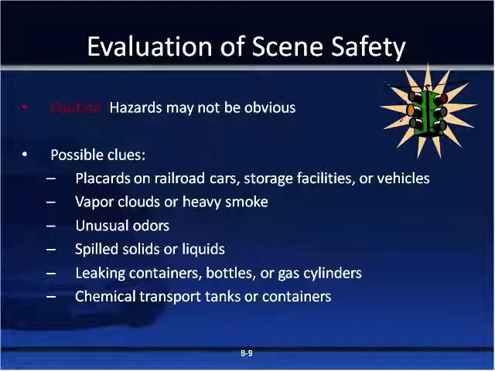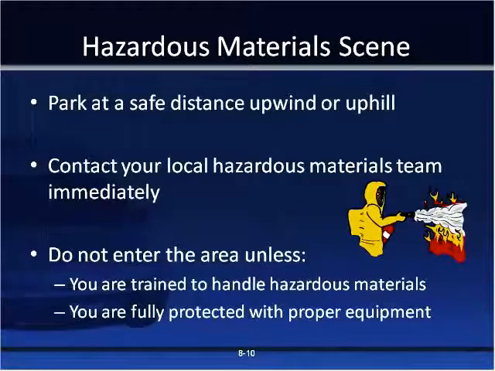Look for clues that suggest the presence of hazardous materials. Placards on railroad cars, storage facilities, or vehicles, vapor clouds or heavy smoke, unusual odors, spilled solids or liquids, leaking containers, bottles, or gas cylinders, chemical transport tanks or containers.